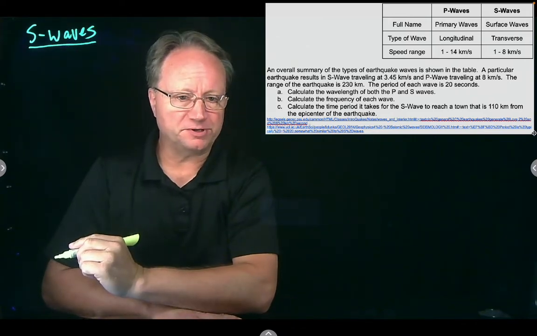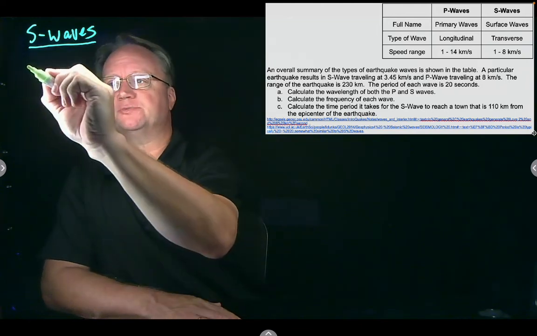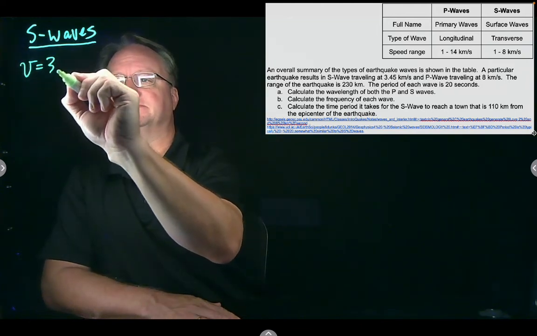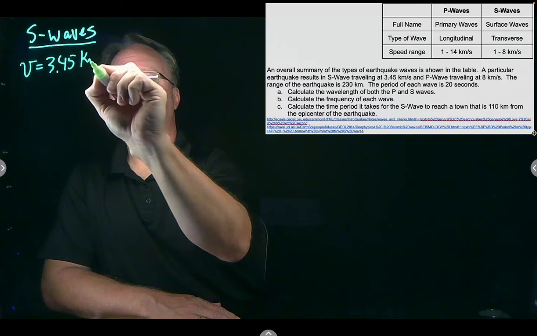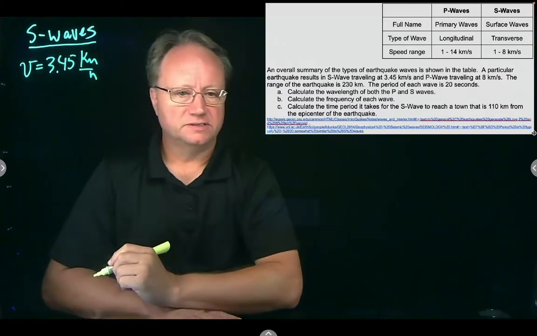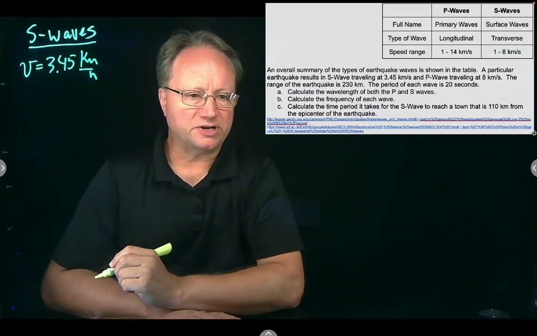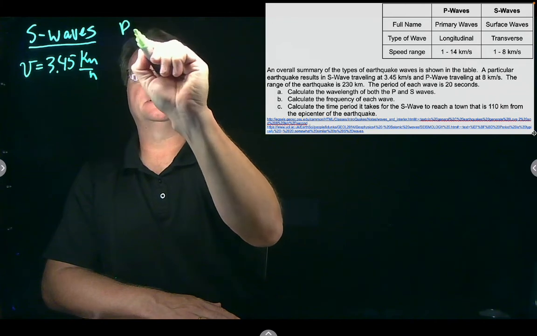traveling at 3.45 kilometers per second. And P waves traveling at 8 kilometers per second.